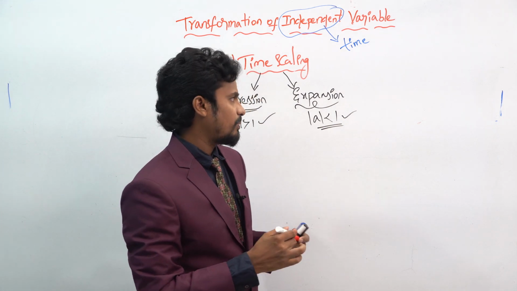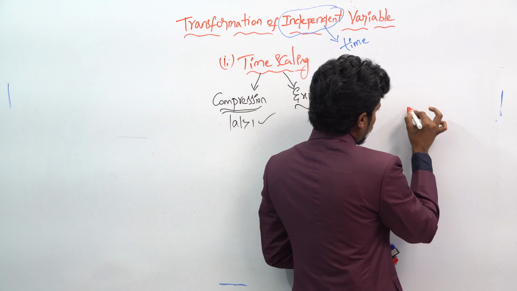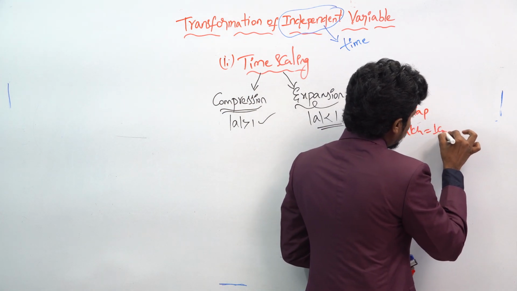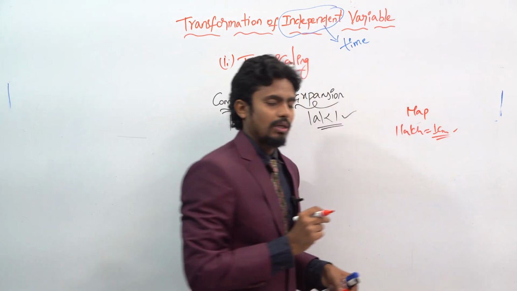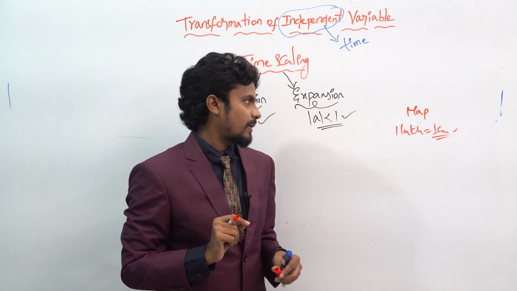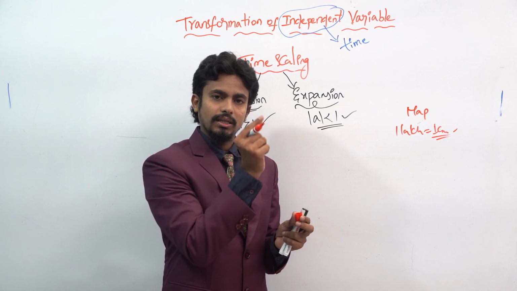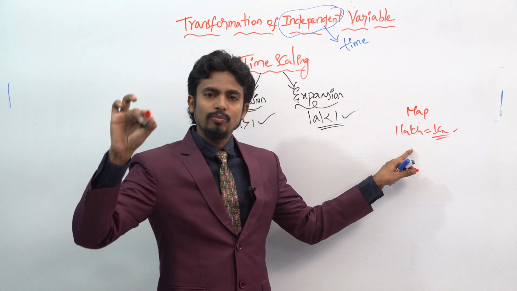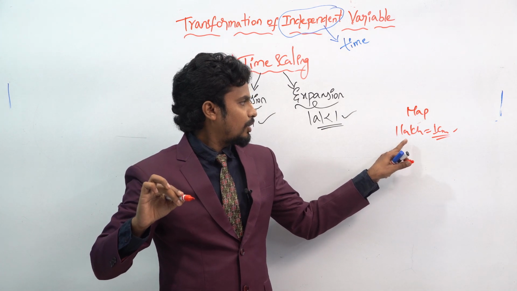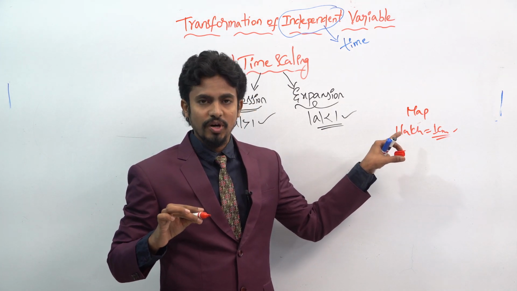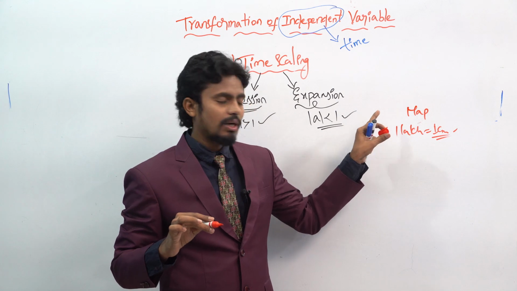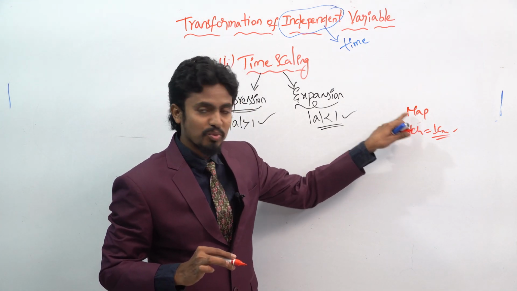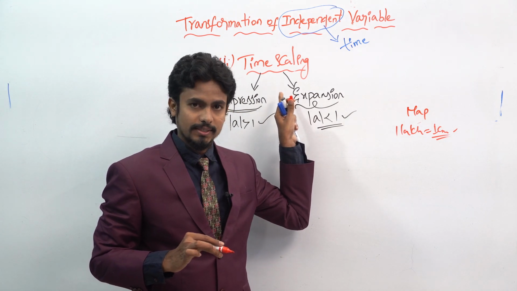For example, 1 lakh kilometer is equal to 1 centimeter. That map is the best example for the compression property.